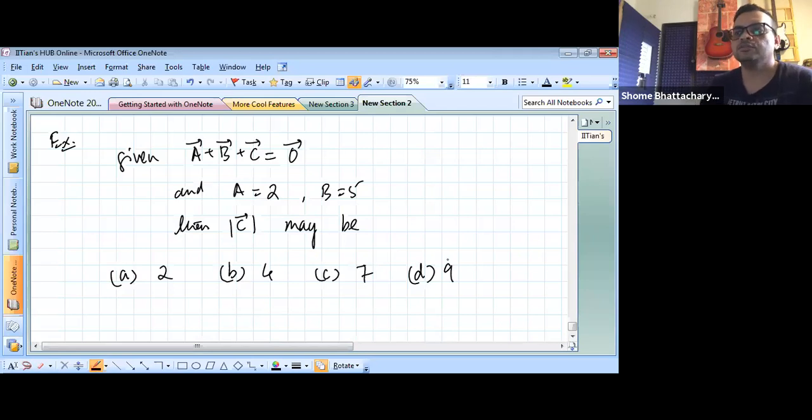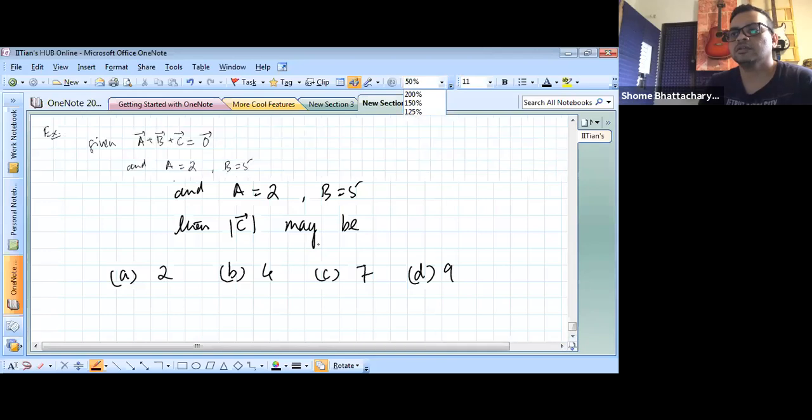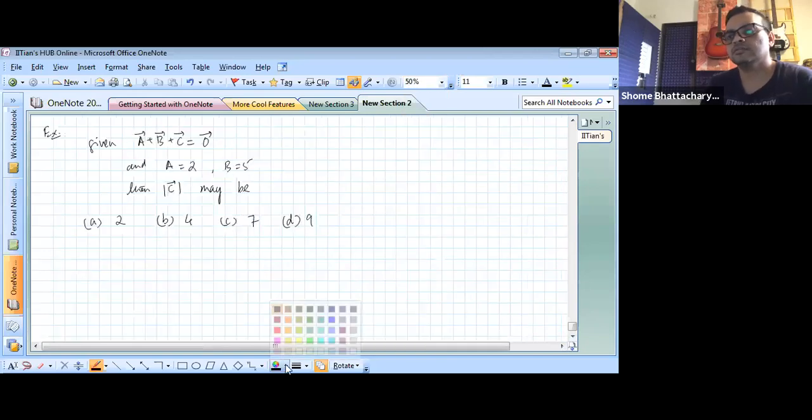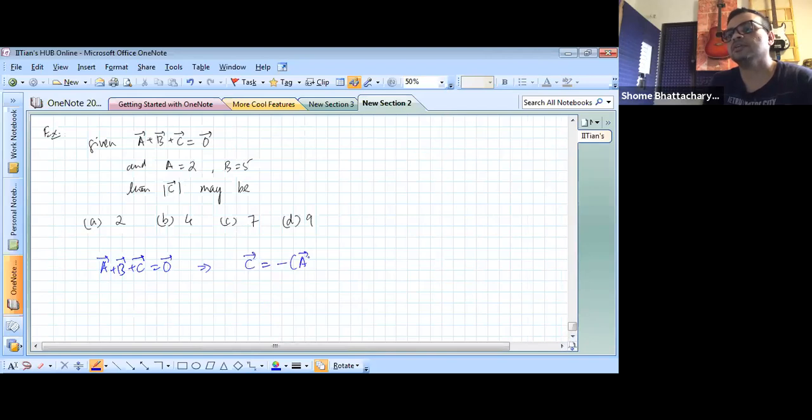Okay. So see, all you have to do here is understand that A plus B plus C is equal to 0 is the same thing as saying that C is equal to minus of A plus B. That is the same thing as saying that magnitude of the vector C is magnitude of minus A plus B, and you know that when we talk about magnitude, the minus sign is removed.